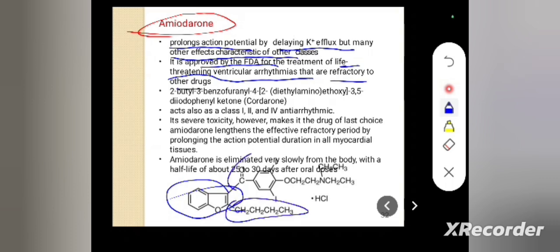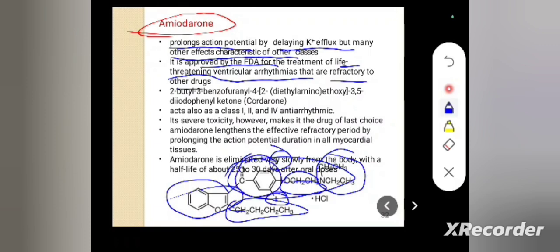At the third position there is a substitution of 2-diethylaminoethoxy 3,5-diiodo benzoyl group.